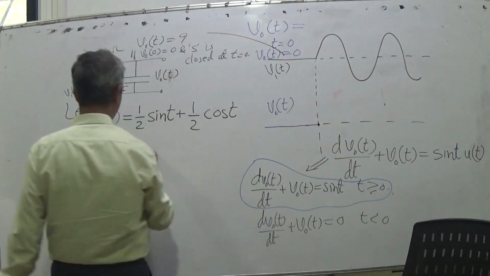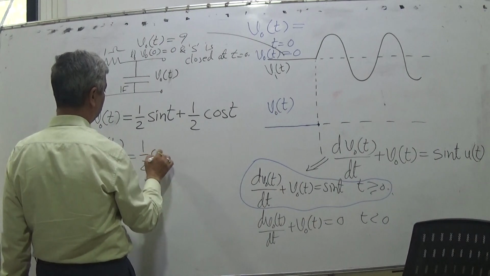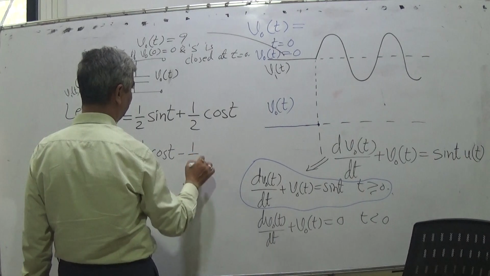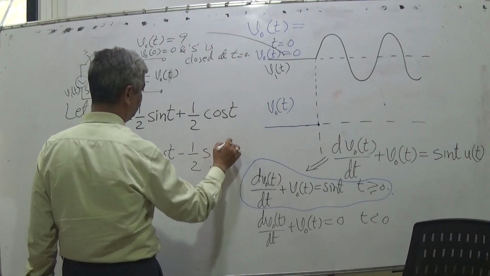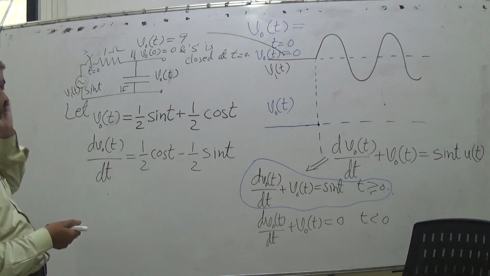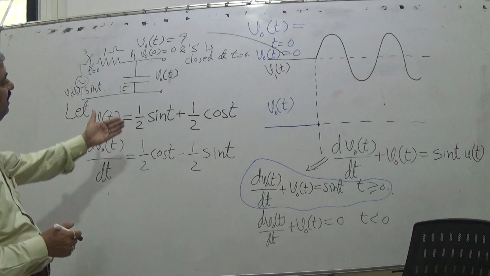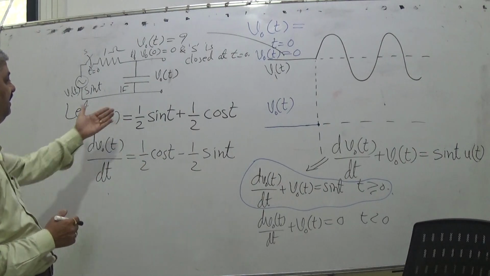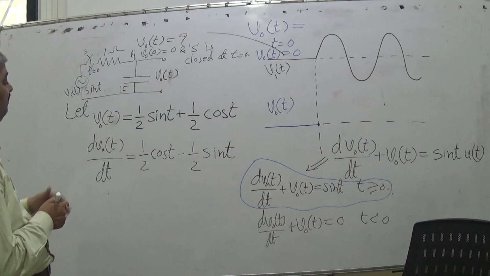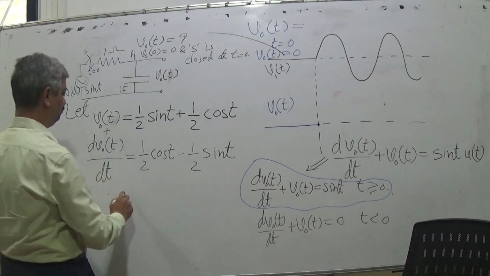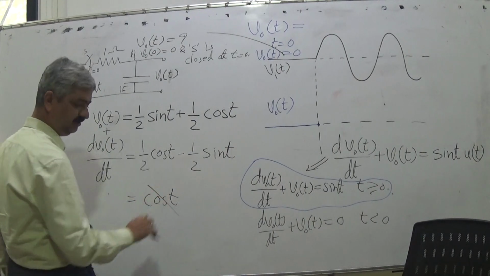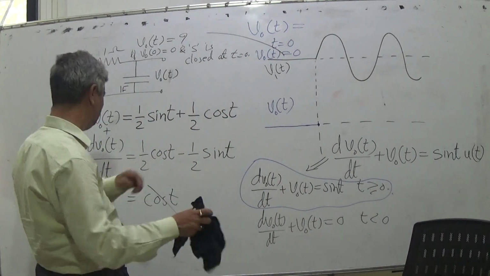So this would be half cos t minus half sin t. So if I add, what will happen if I add these two? I get cos t, that I don't want. So I will make some simple jugglery.